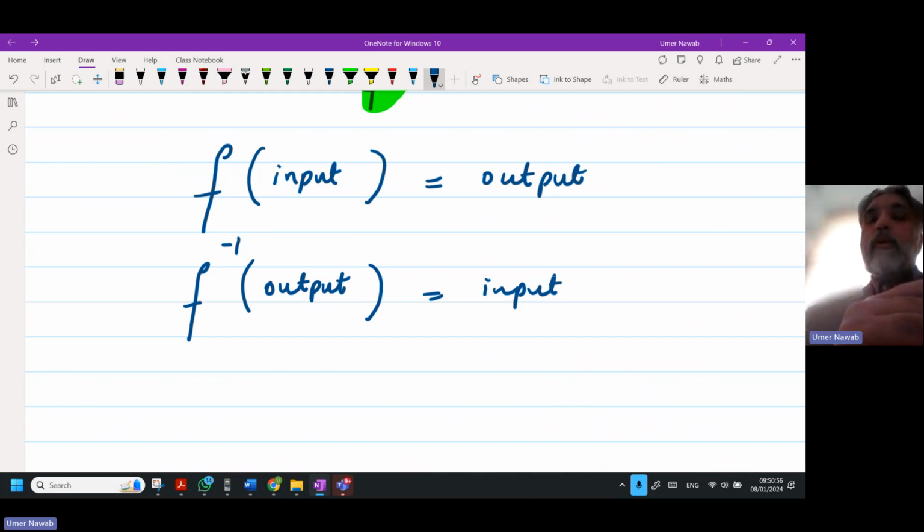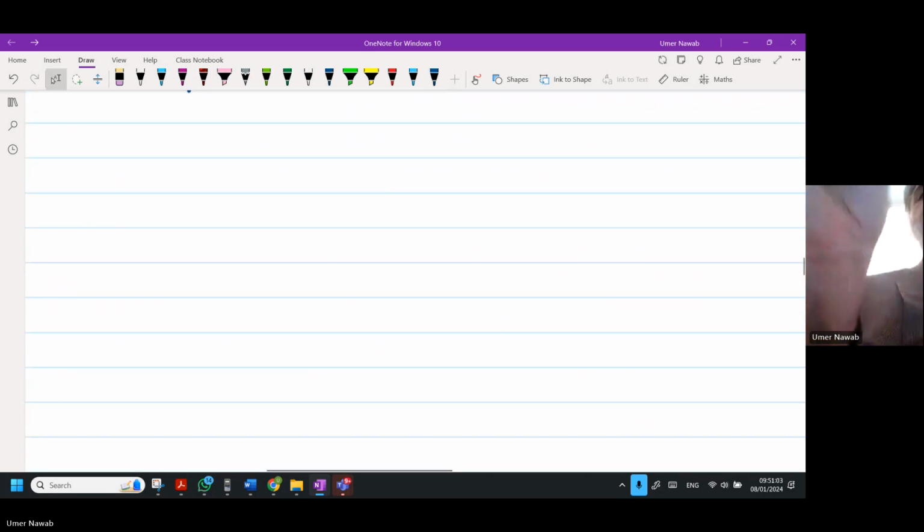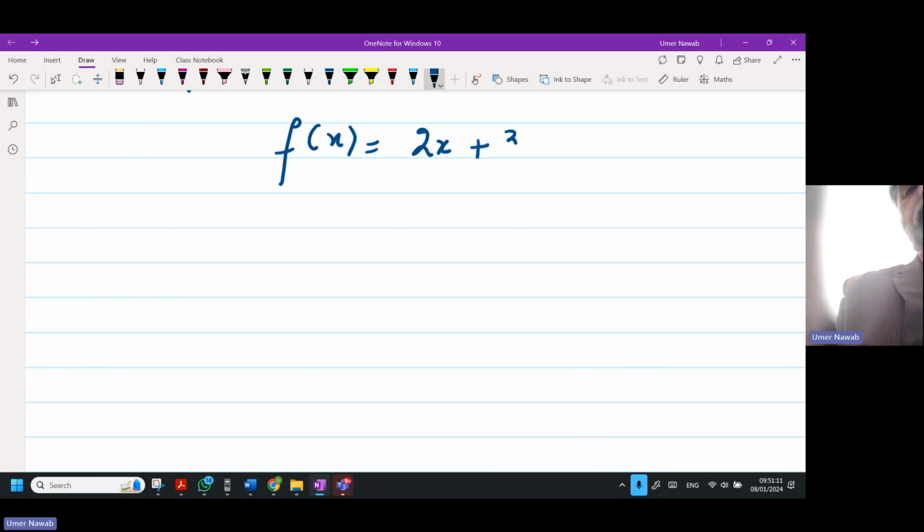I want to teach you how to find the inverse function. Suppose I gave you a function, 2x plus 3, and I want to find the inverse function.